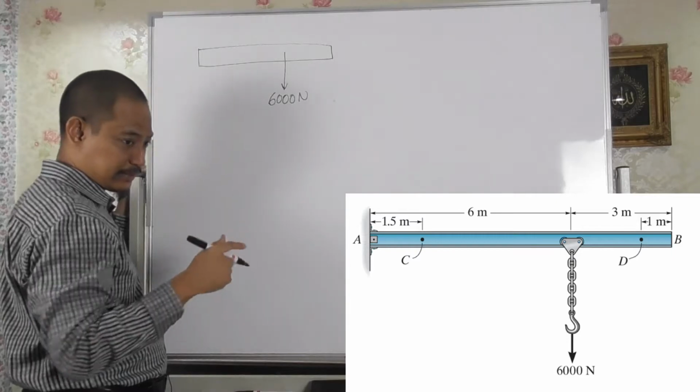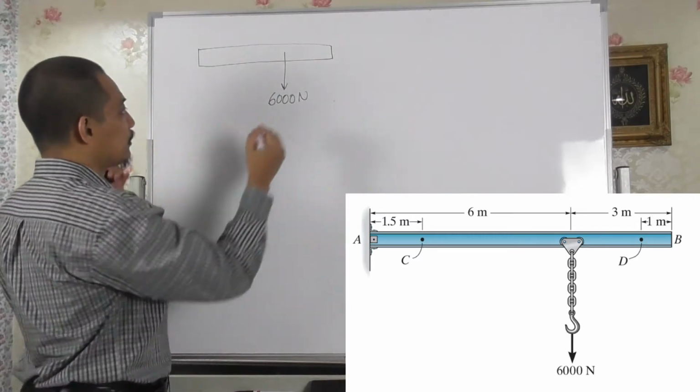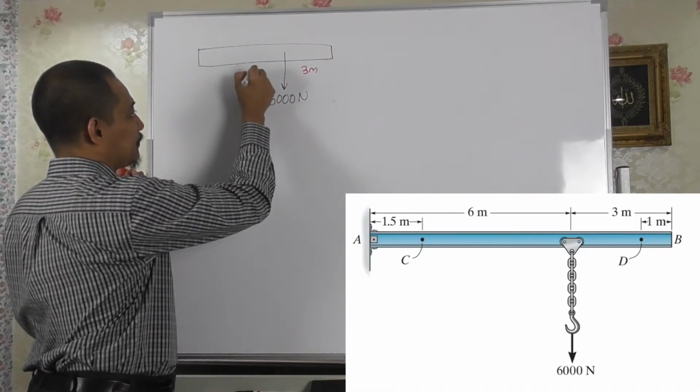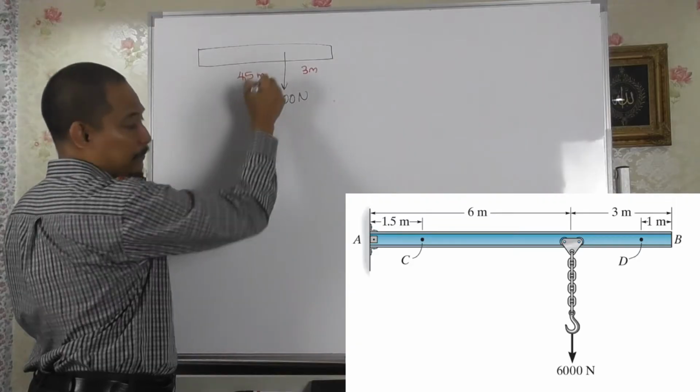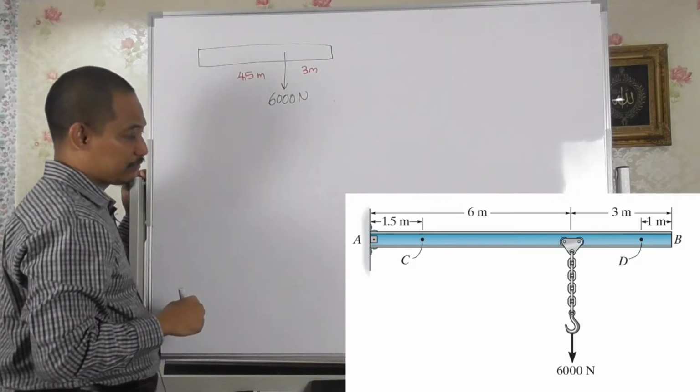The length is 3 meter here and 4.5 meter here, because 6 minus 1.5 is 4.5.